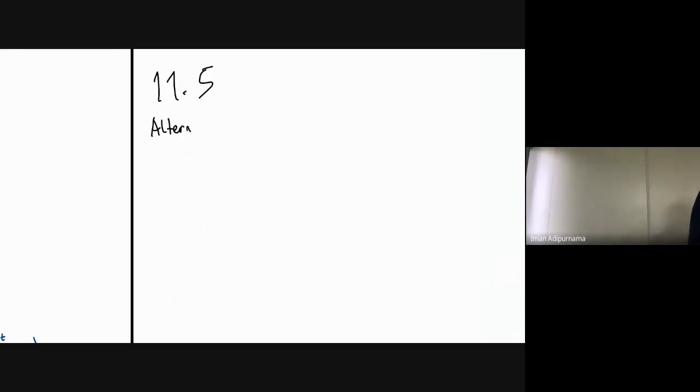It's called the alternating series. So whenever you find any series that has a +1, negative, and then plus, and then negative, and then plus, and then negative, this is called an alternating series.